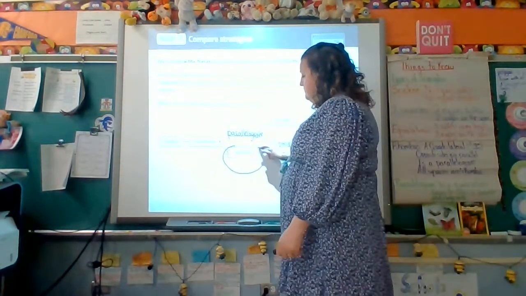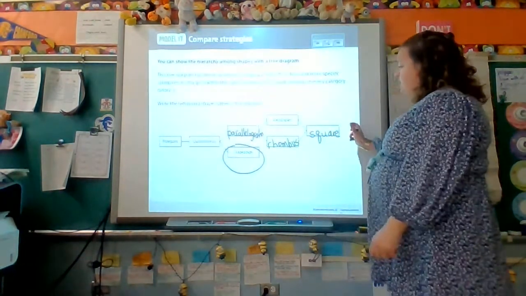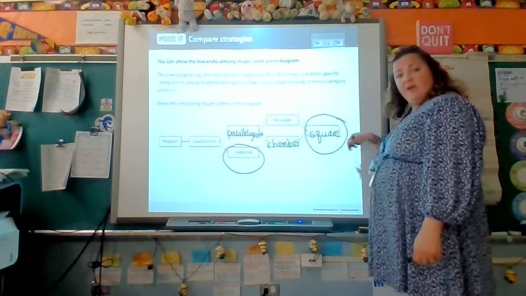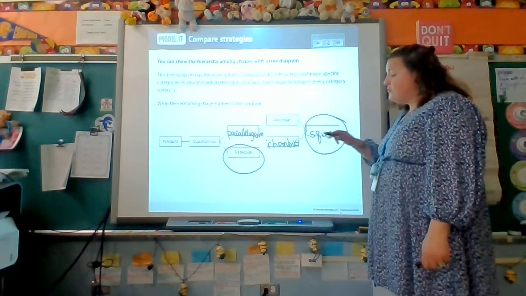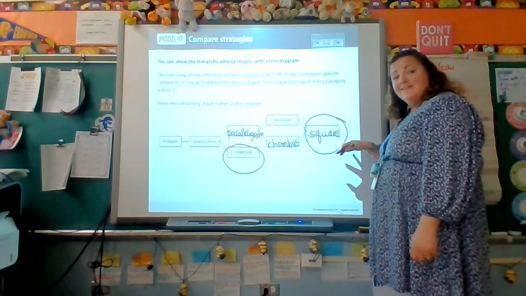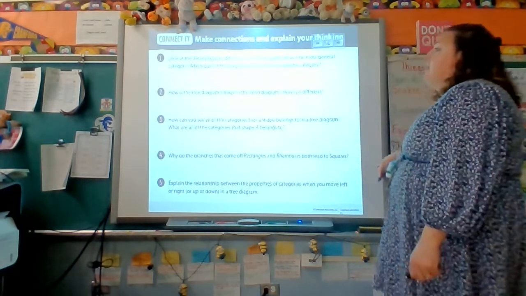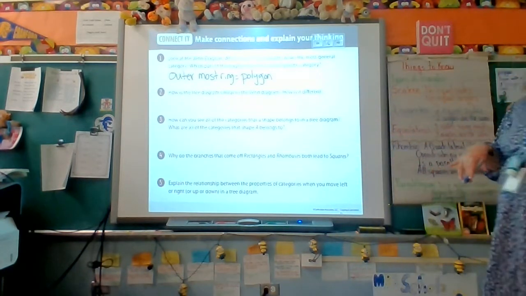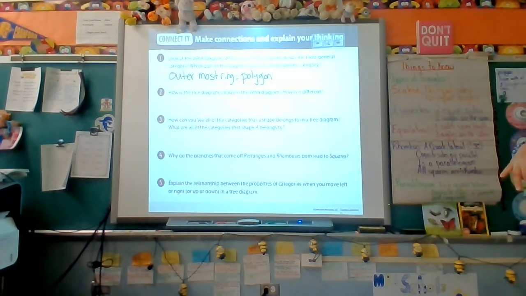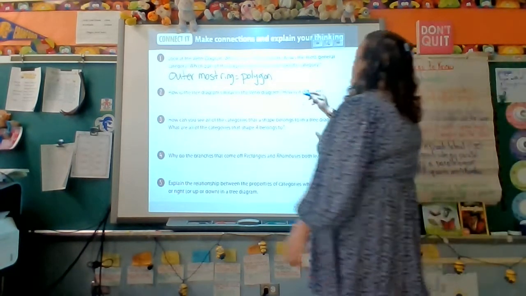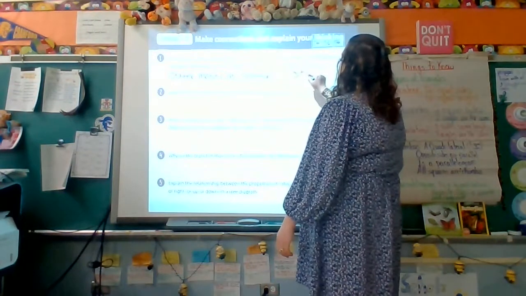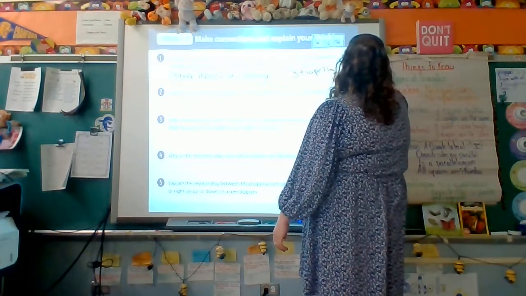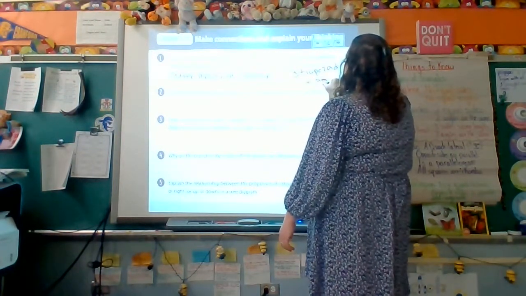Trapezoid. No buddies. Square. Nobody's shooting out after them, right? So trapezoid and square, those are the ones that are most specific because there's no subcategory. Most specific is the trapezoid and square.